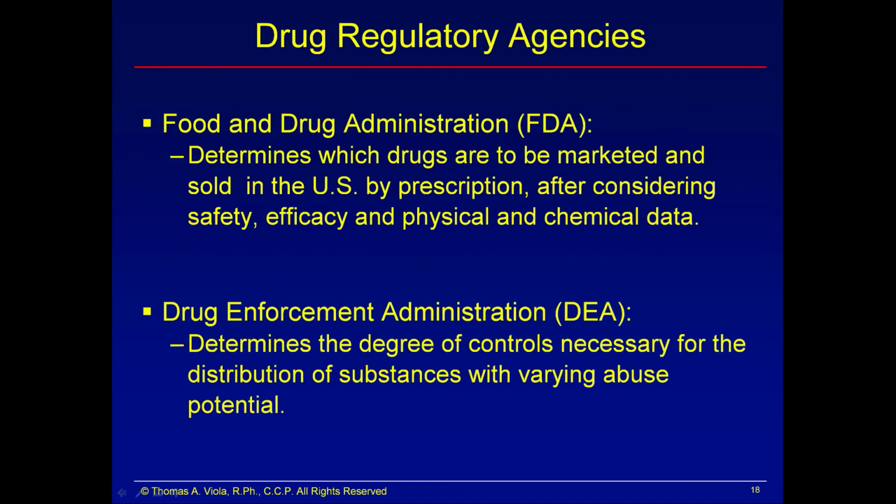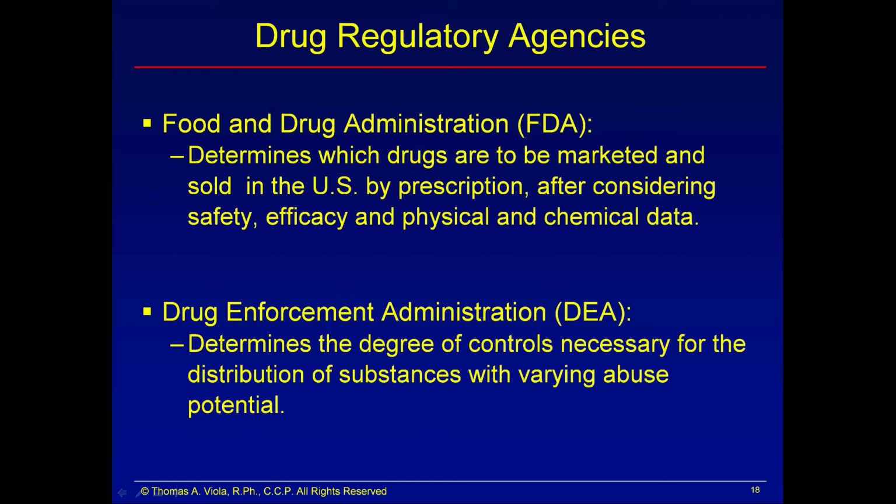Well, then that begs the question, what's the difference between the FDA and the DEA? Well, the easiest way to remember this is the FDA determines whether or not a drug can be sold in the United States based on two things, really. Is it safe and is it effective? Nothing mentioned here about whether it's addictive, right?